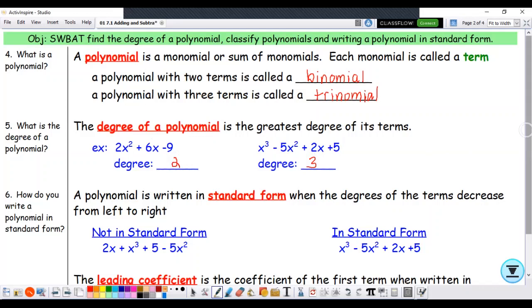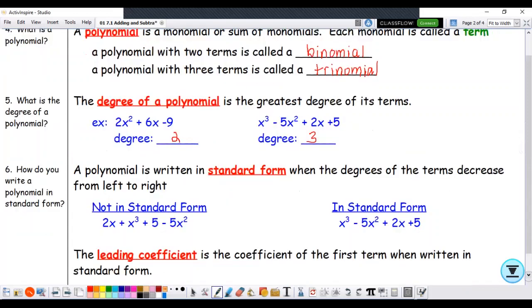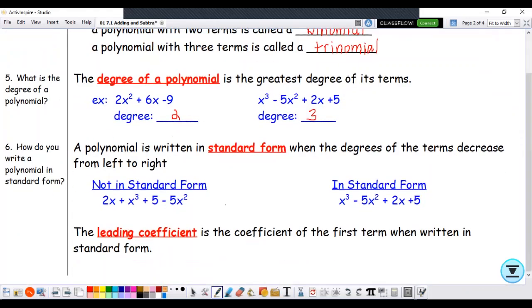And polynomials can be written in what we call standard form. Standard form is when you write your terms in order from largest exponent to smallest exponent from left to right. So we have an example of a polynomial that's not in standard form, and as you can see, the exponents are all mixed up. They're not in any specific order.